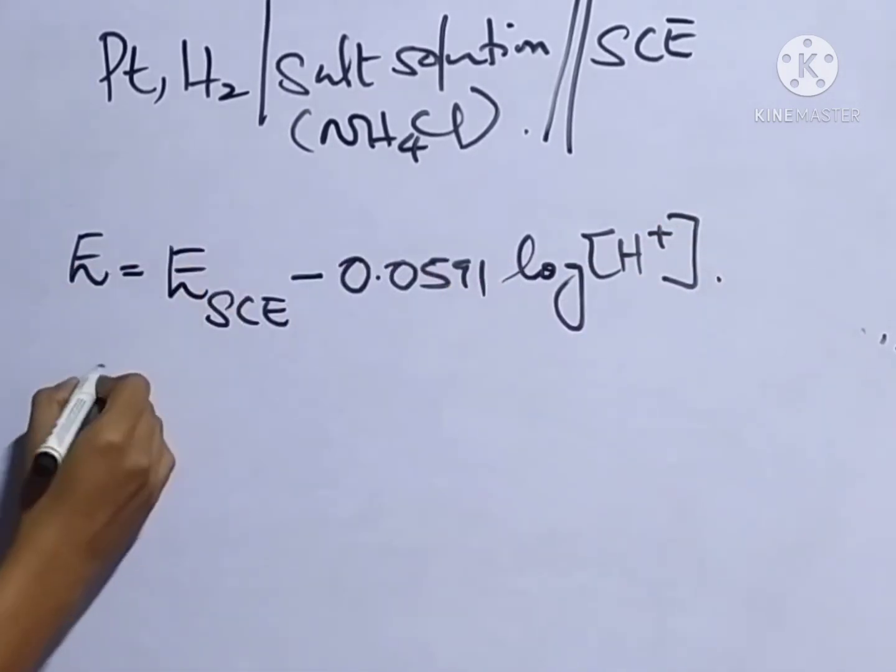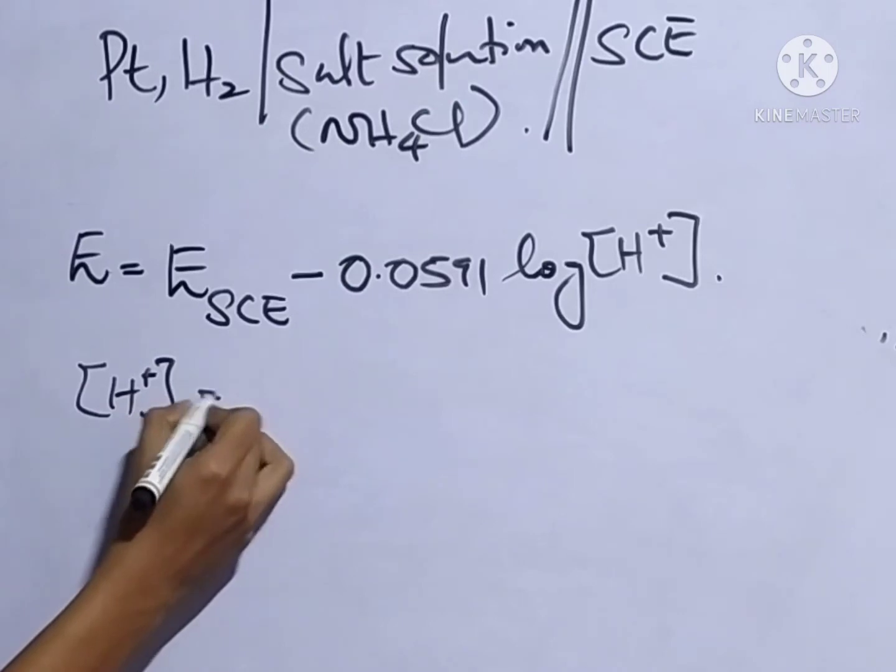From the previous derivation, the concentration of H+ is alpha.